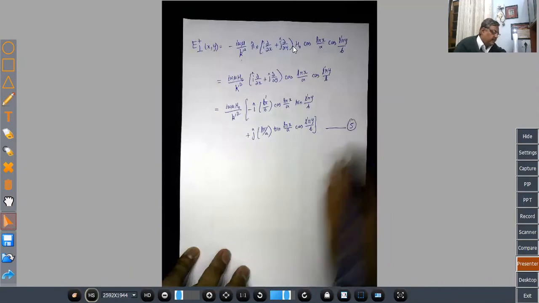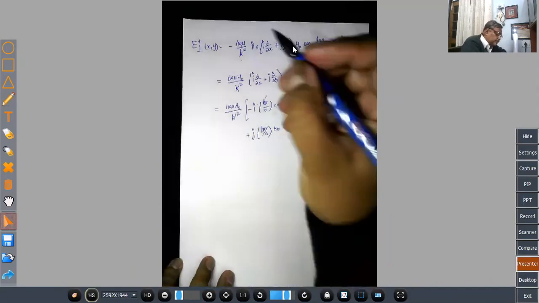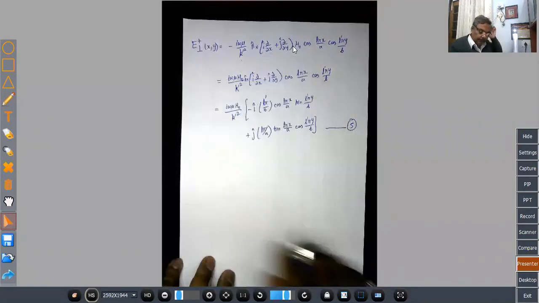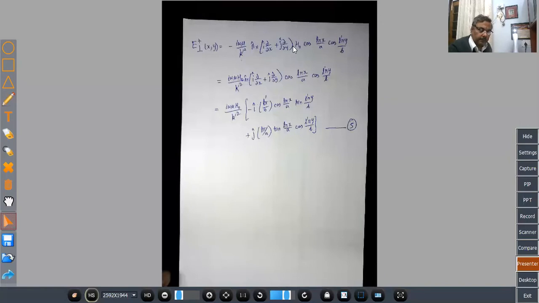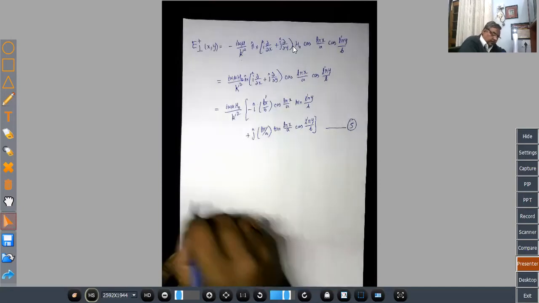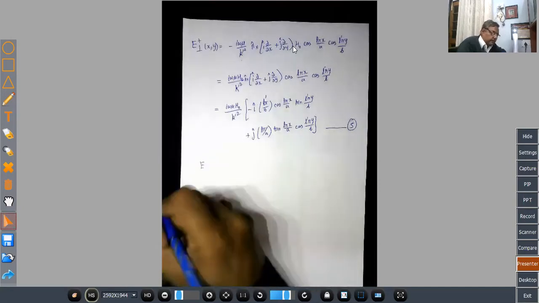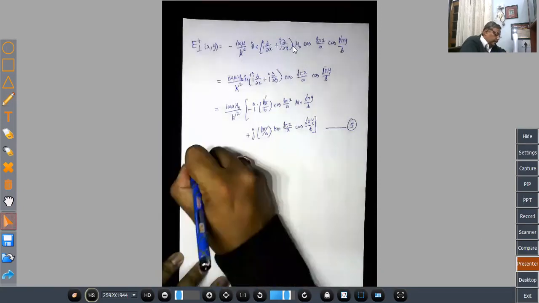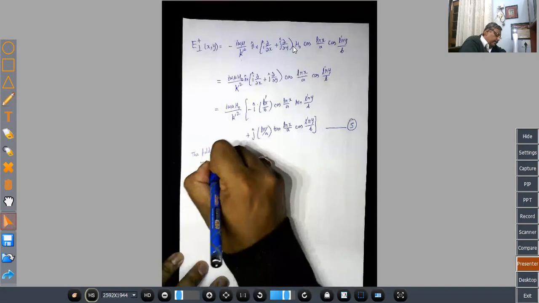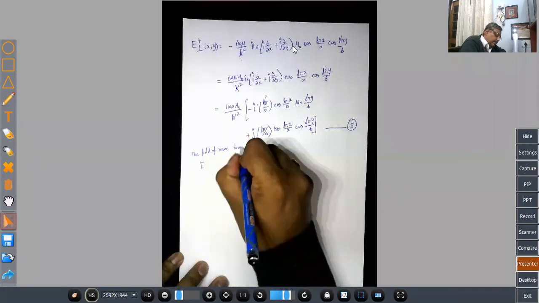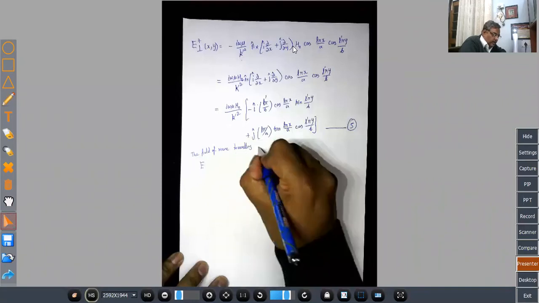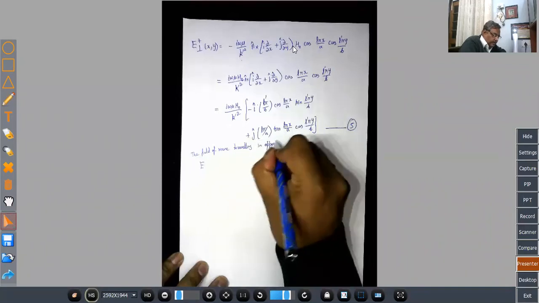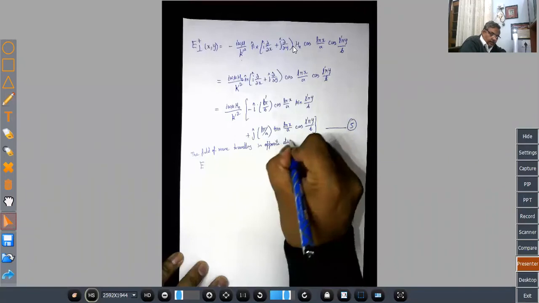Equation 5. The field of wave traveling in opposite direction.